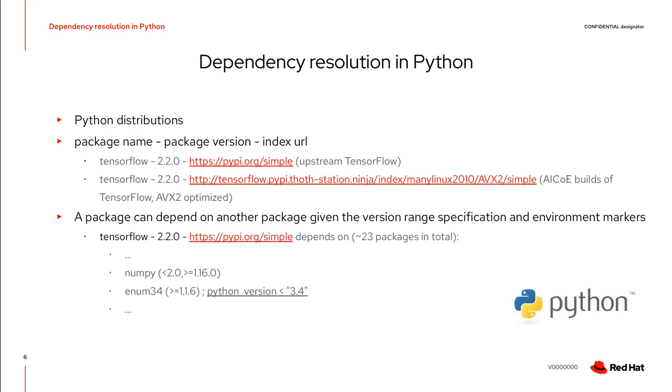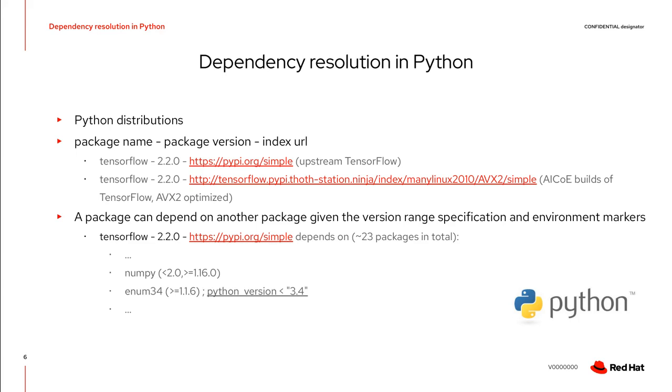Then there is enum34, which is a backport to older versions of Python of the enum module, which is available in the Python standard library starting with version 3.4. So there's no point installing it for newer Python interpreters. That's why this dependency is introduced conditionally, if the given Python interpreter version is older.